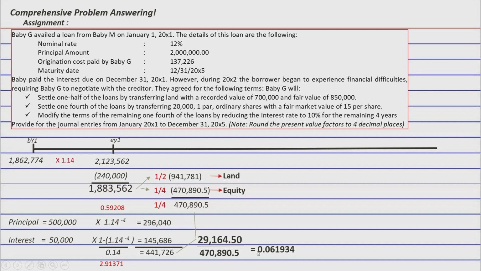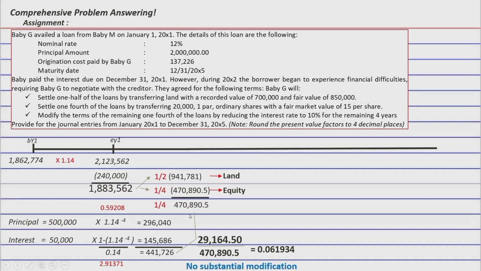Since it is less than 10%, we can conclude that there is no substantial modification. So, what are the effects on the accounting of this remaining liability? Since there is no substantial modification, the good news is this old balance will not be changed into this one.